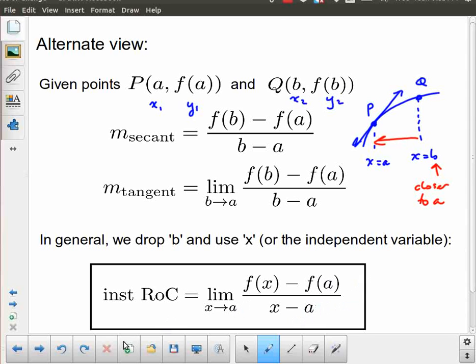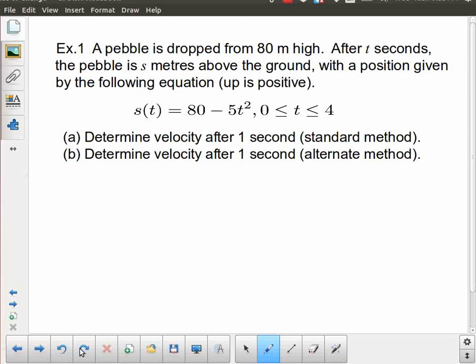As is often the case, the best way to get your head wrapped around this is to illustrate it using an example. So we're going to do that now. We're going to do the same question, and we're going to answer it 2 times.